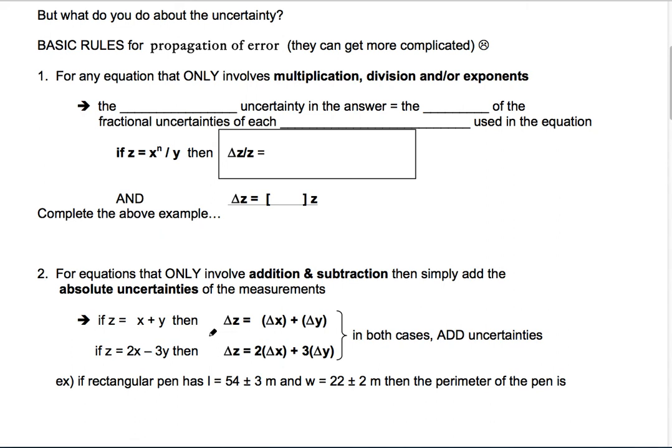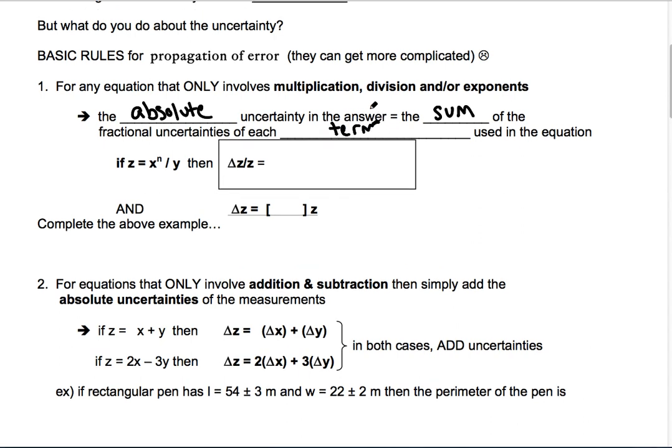If we wanted to do multiplication, division, and or exponents, the uncertainty in the answer is the sum of the fractional uncertainties in each term used in the equation.